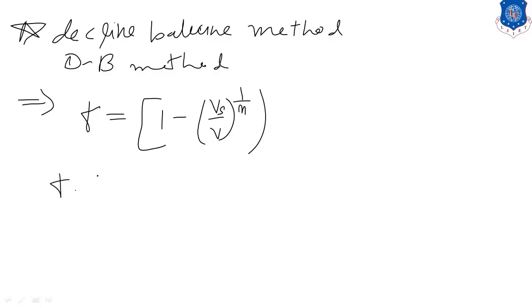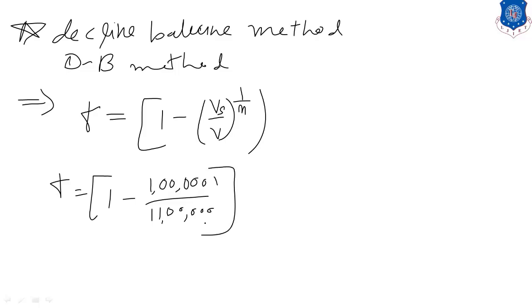So f is equal to 1 minus Vs, the salvage value of this equipment, which is 1 lakh rupees, upon the original cost, which is 11 lakh rupees, whole raised to 1 upon n, where n is the service life of equipment, which is 10 years. Calculating this, we get f equal to 0.2132, so f is equal to 21.32 percent, which we are going to fix for each year. So this becomes our step 1 for the declining balance method.